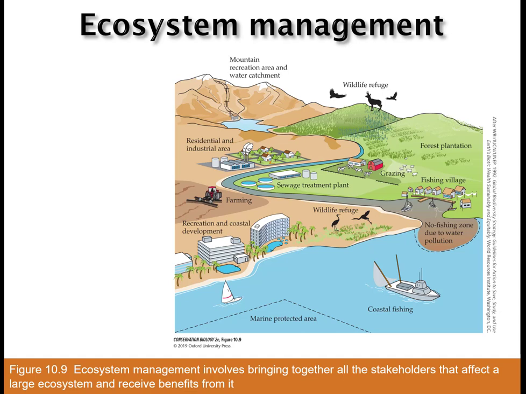We have to work with those groups then to create a system of large-scale management that involves all those stakeholders. And the primary goal then is preserving ecosystem components and processes over the long term while still satisfying the needs of that community and society.